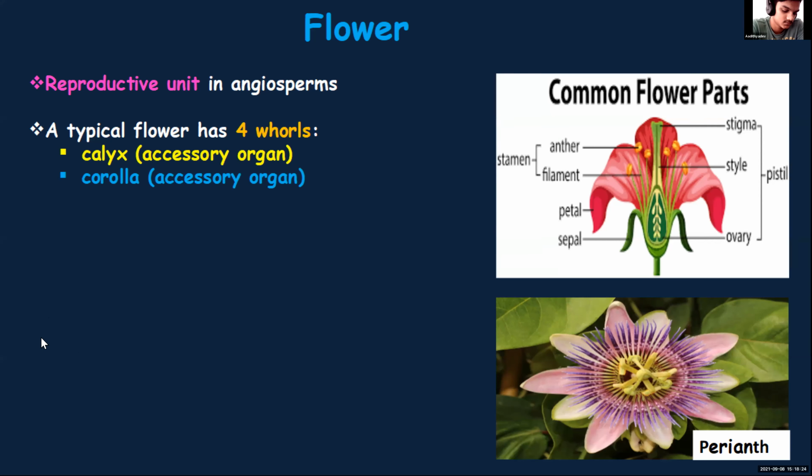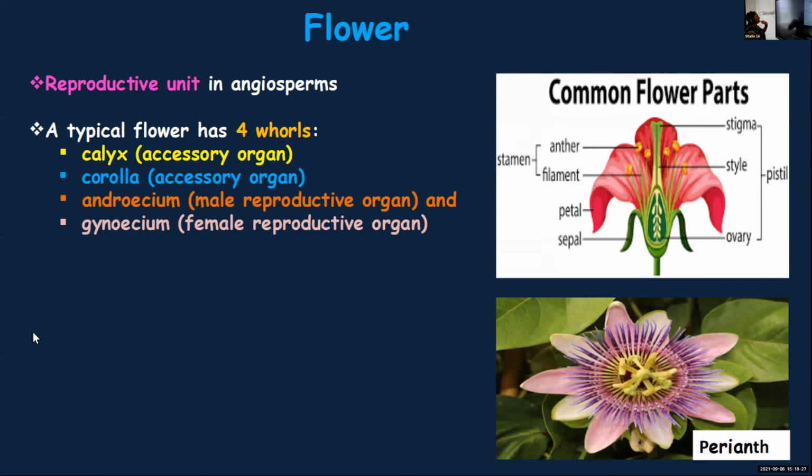Calyx, corolla, androecium, gynoecium. So you had learned it as sepals, petals, stamen, and pistil or carpel. And here you are learning the scientific names of these. Calyx, that is the name for sepals. Calyx includes sepals. The layer consisting of sepals is calyx.